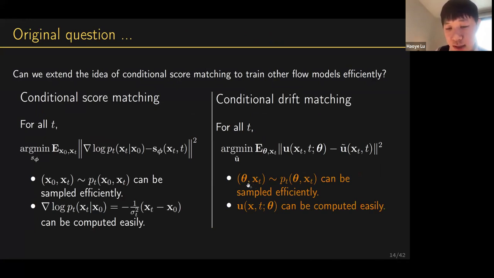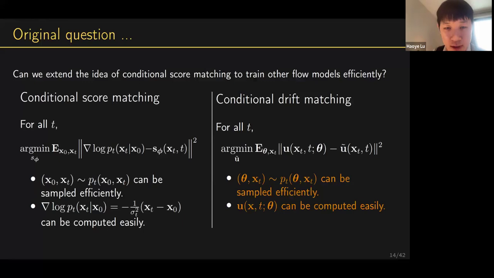The corresponding theta will be the starting point x0 in the score matching scenario. Once we can sample this efficiently, we can basically sample the pairings in this MSE loss. And if we can calculate the conditional drift efficiently, we can just train our neural network to keep matching this conditional drift, and everything will be trained efficiently.